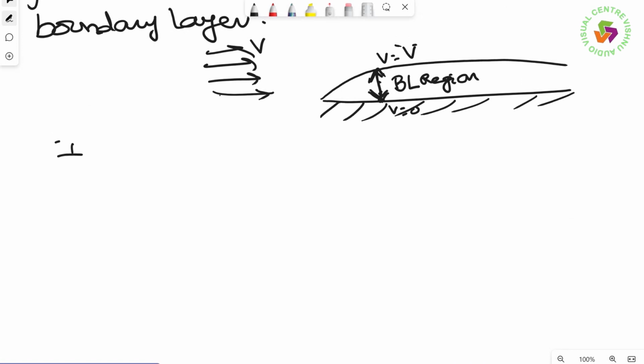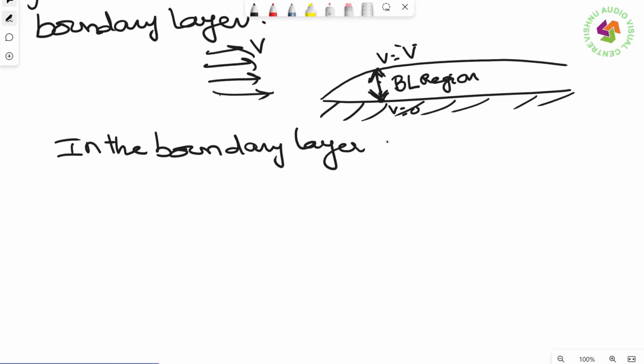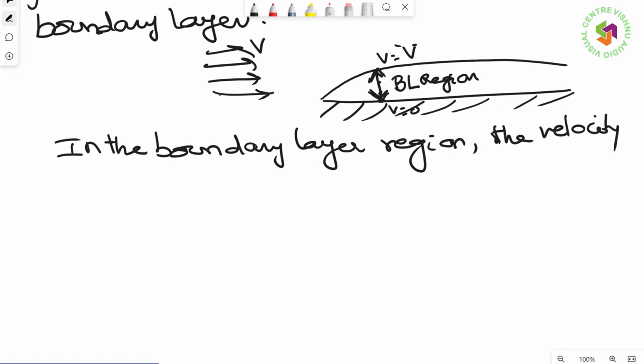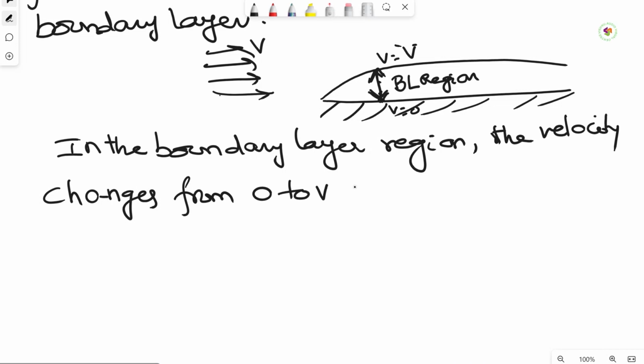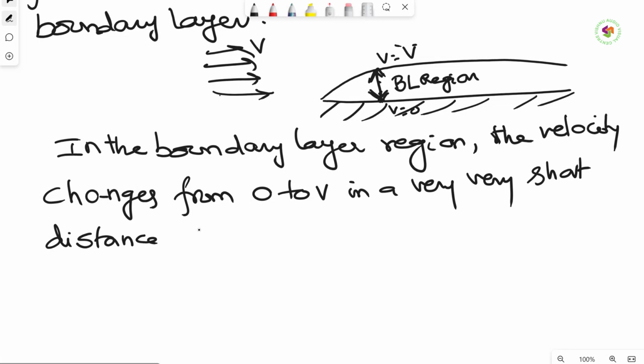Now in the boundary layer region, the velocity changes from 0 to v in a very short distance perpendicular to the boundary.